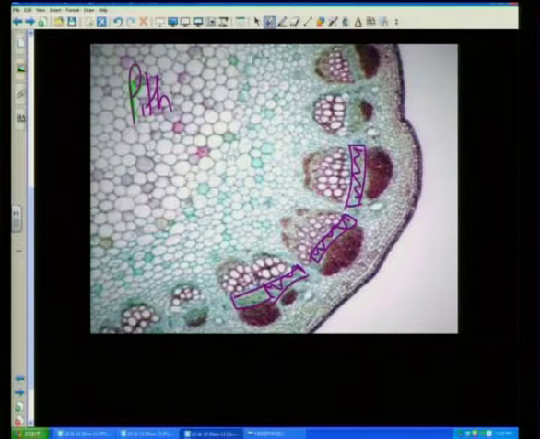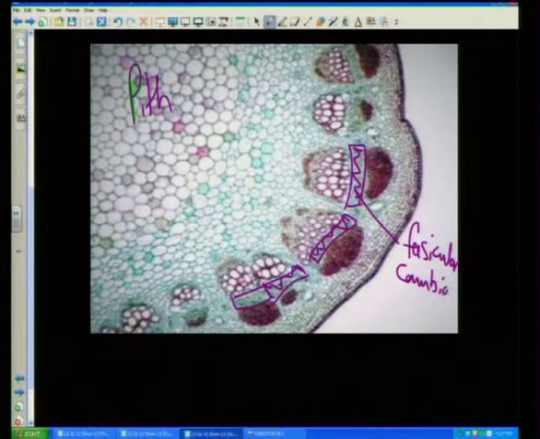So, you've got this cambium. That cambium we call, and I'm going to try and squash it in here because otherwise you can't see it. This is your fascicular cambium. Okay? Because it's inside here. And if it's in between, there's still a cambium chain that runs there, and I'm going to color this in dark.